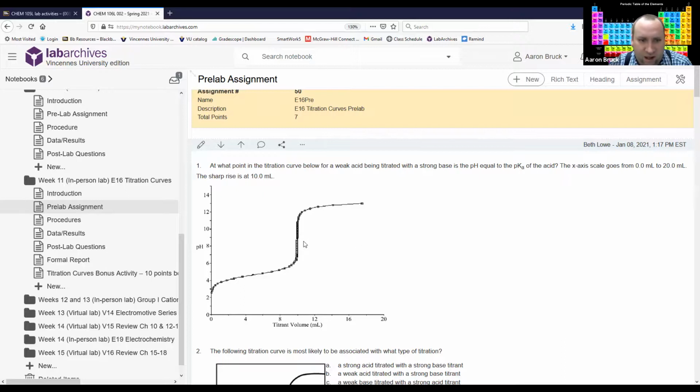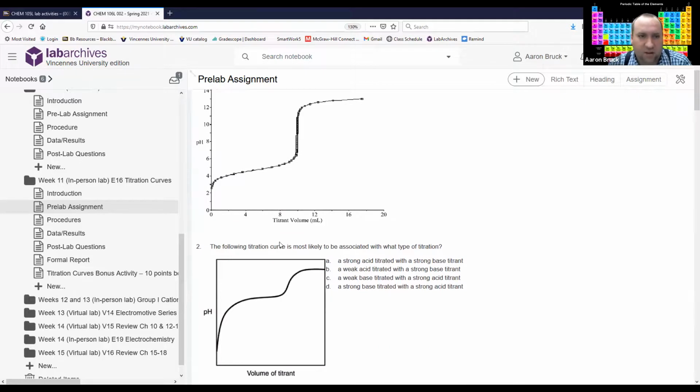So if the equivalence point is at 10 milliliters, you are going to look at 5 milliliters and determine, and actually all it's asking for is at what point. So the correct answer there is the half equivalence point. It's not asking you actually what the pKa is. We could investigate and estimate that that is pretty close to pH 5, maybe just a little bit below.